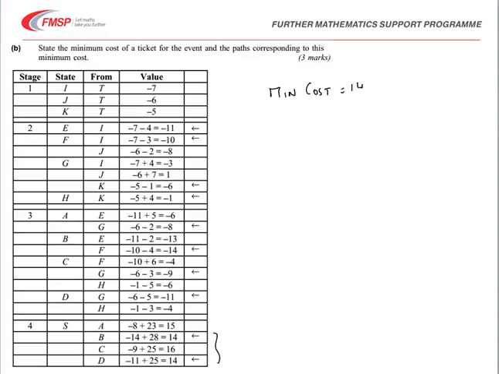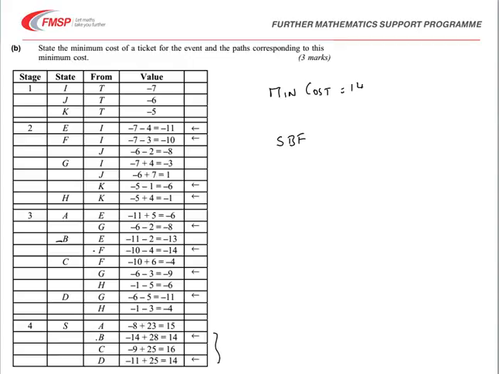Well, obviously it goes from S. If we follow through the first one here, it's to B, so it's S to B, and then from B to F, the smallest one, so BF.